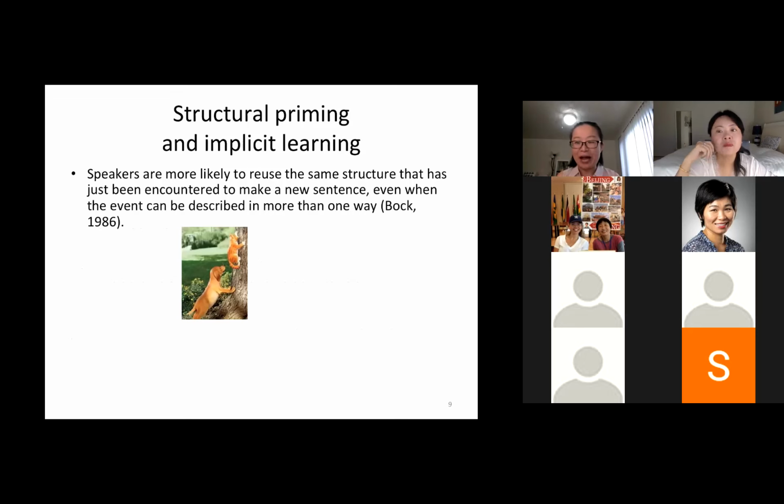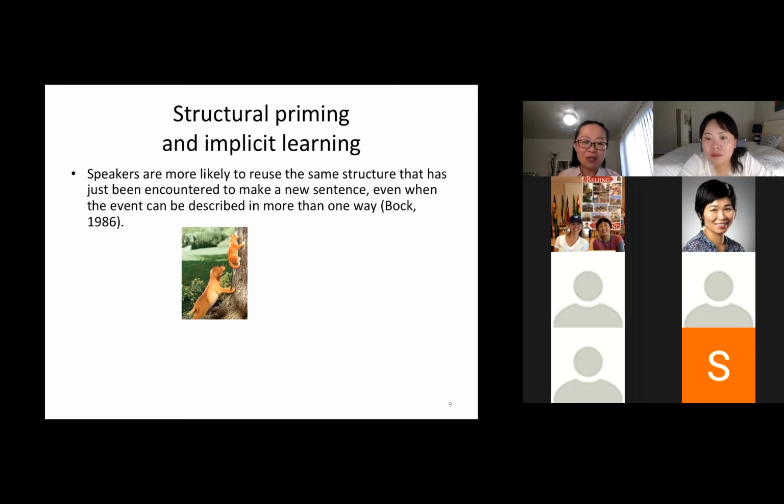Maybe you have heard about structural priming. During language production, speakers are more likely to reuse the same structure they have just heard to make a new sentence, even though the event can be described in more than one way.